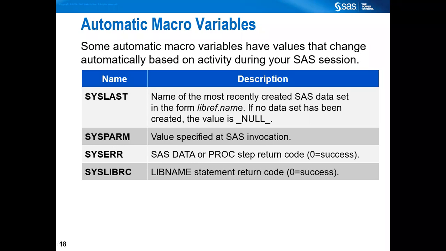If it is without error, it always saves the information as RC code, or return code. So when the value is 0, that means the data step was successful. And if the value is greater than 0, that means the data or proc step was not successful because it had some error.